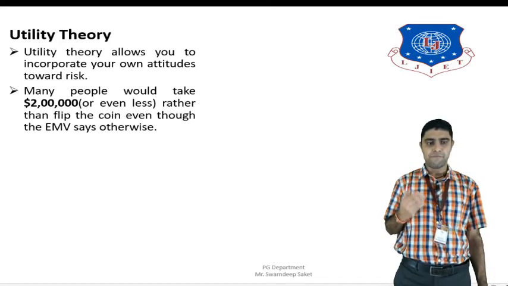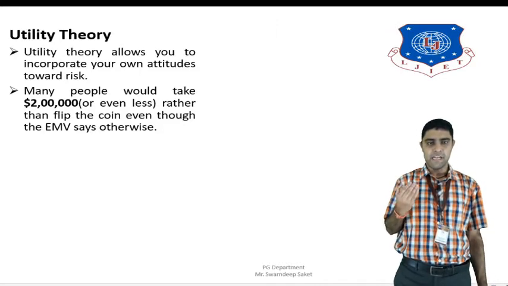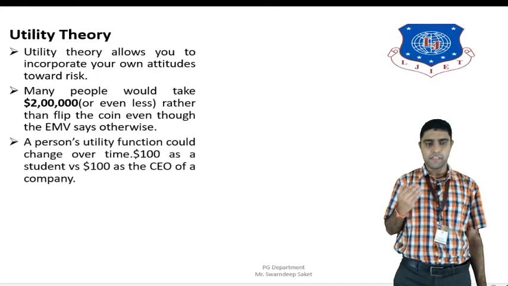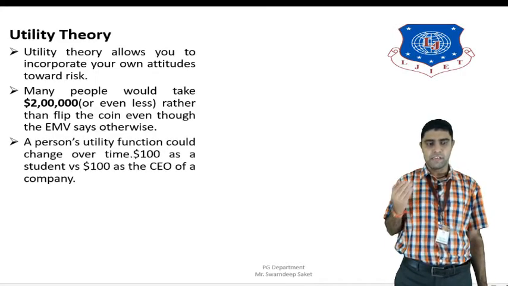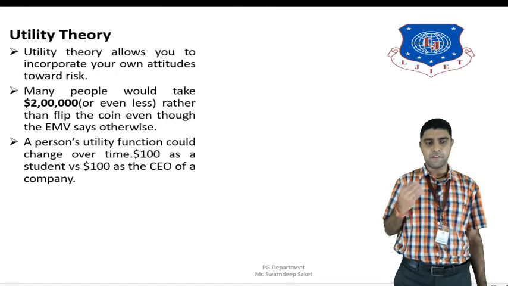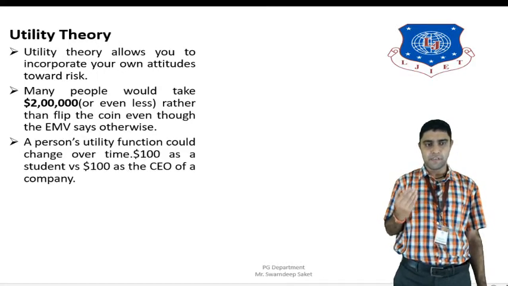EMV stands for expected monetary value, which is also important in decision making as well as in utility theory. A person's utility function could change over time. As time passes, the utility function of a person also changes. Example: $100 as a student or $100 as a CEO of a company, which can be used as a utility function in decision tree analysis.